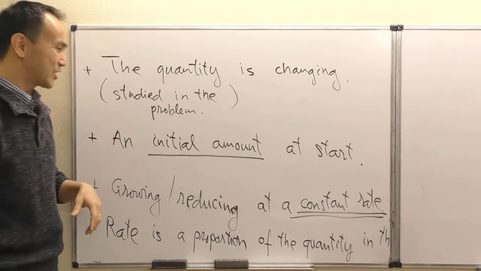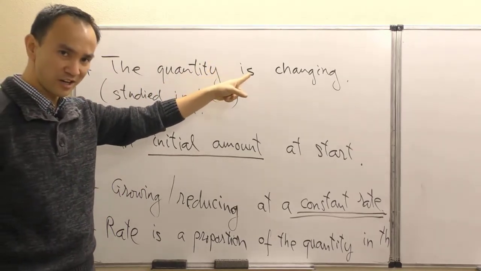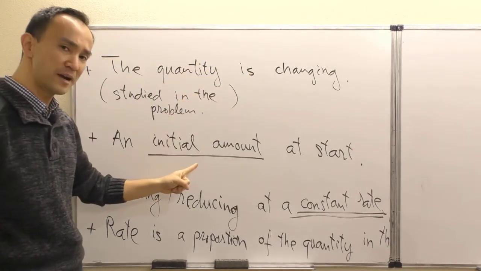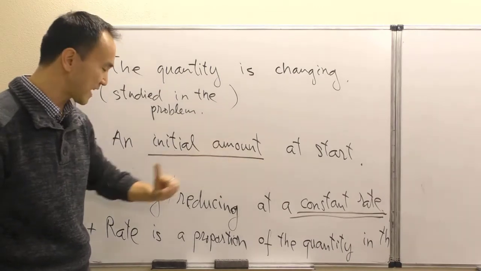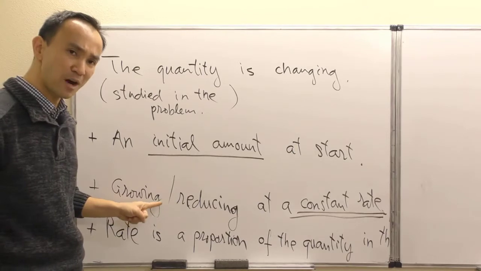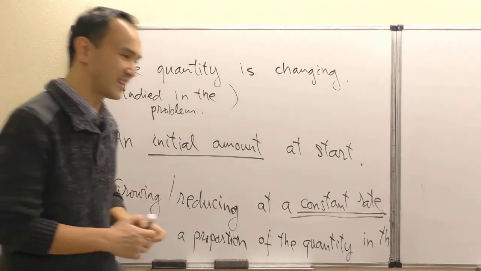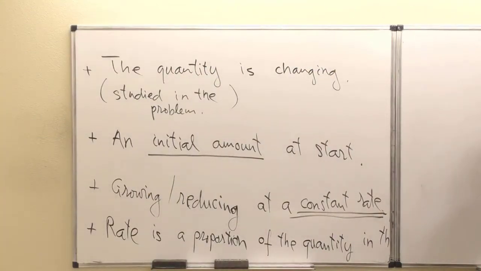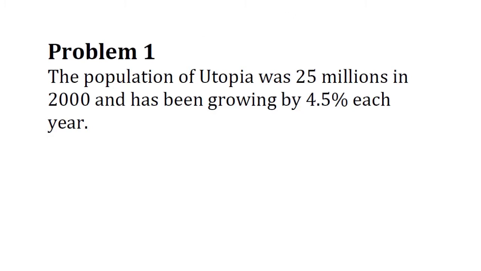The population here is a quantity that's changing. We had an initial amount, and I will get back and extract that information. In the way it was worded, that population is definitely growing. So the population of Utopia was 25 million. This highlighted information is the initial amount.